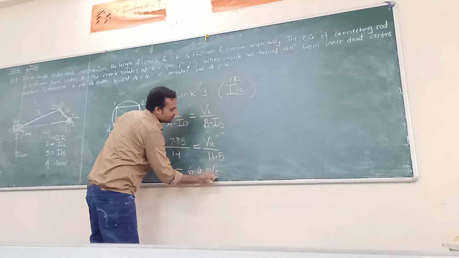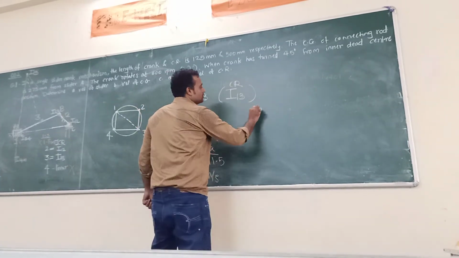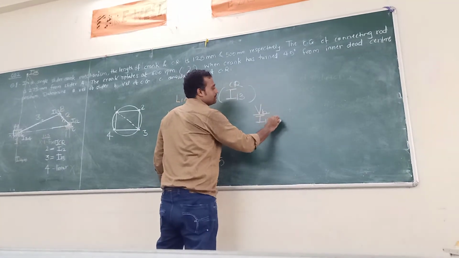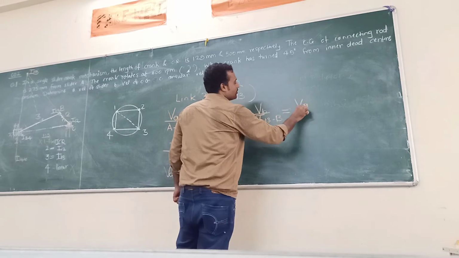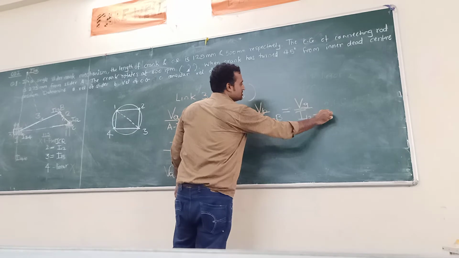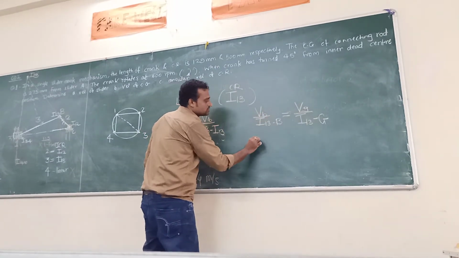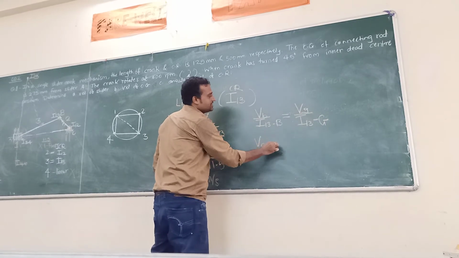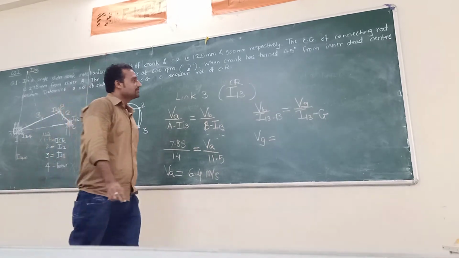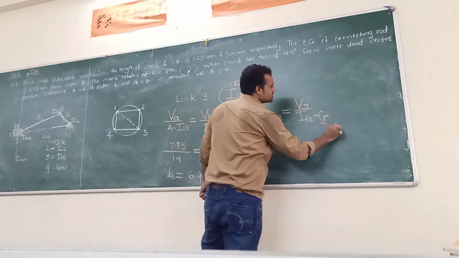Similarly, you can take a ratio of VB upon I13B is equal to VG upon I13G. So this will give you the velocity of point G. VG is equal to, this distance I13G is around 12.